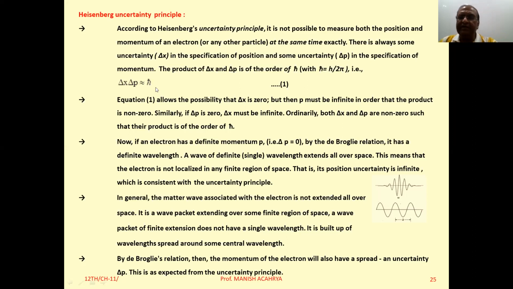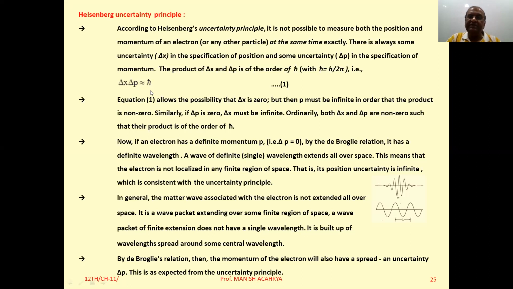Suppose we take delta x equal to 0 in the equation delta p equal to h cut upon delta x. Delta x represents the uncertainty in the position. If the uncertainty in position is 0, it implies that the position is fixed.